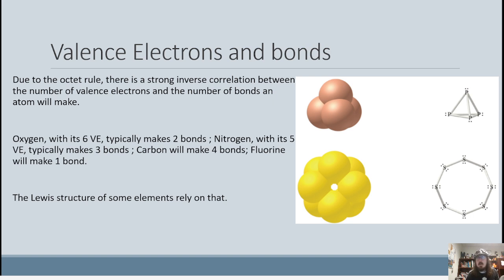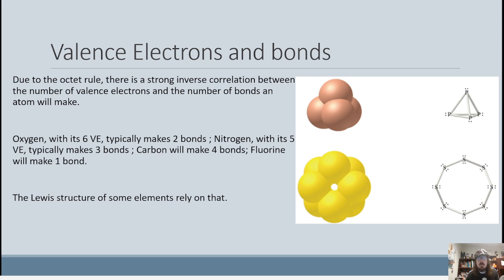Many pure elements, when they exist in their natural state, work based on that. Phosphorus, which exists as P4, exists as a triangle, essentially a pyramid, where each phosphorus is bound to 3 other phosphoruses so that it gets 8.